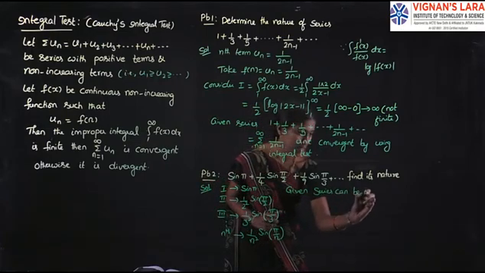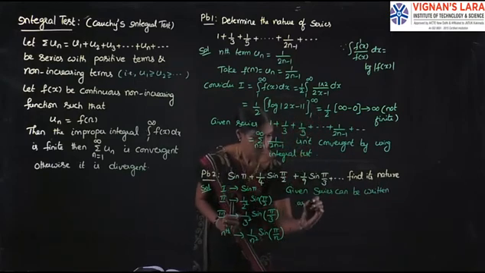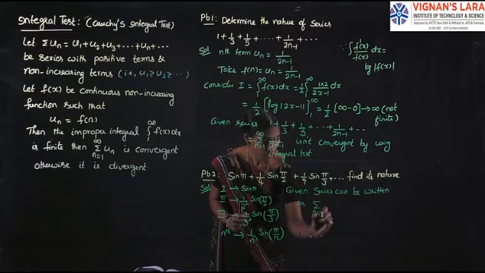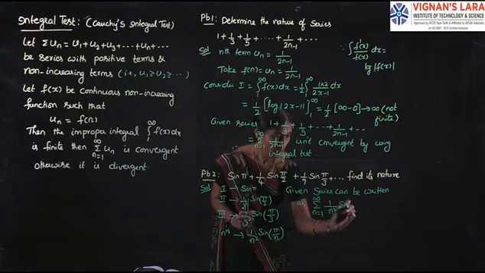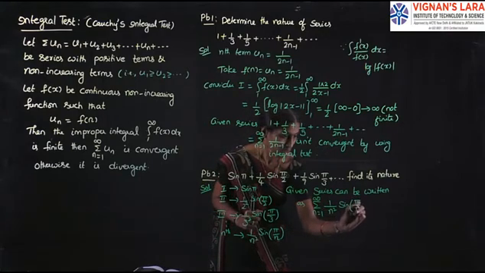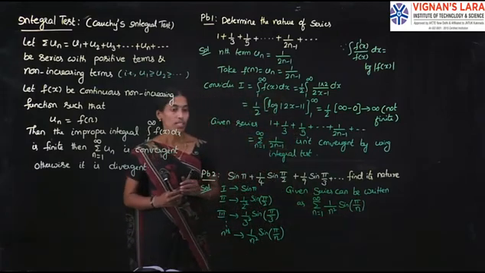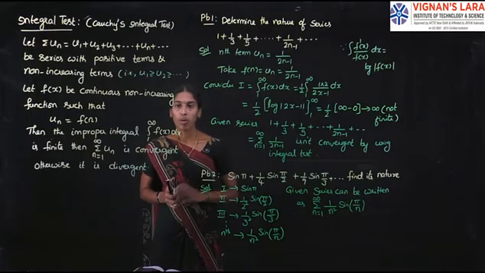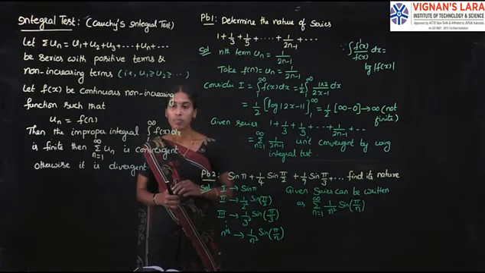Then given series can be written as summation n equal to 1 to infinity 1 by n square sine of pi by n, right? 1 by n square sine of pi by n. Now, by using the integral test, we have to decide the nature of the series.